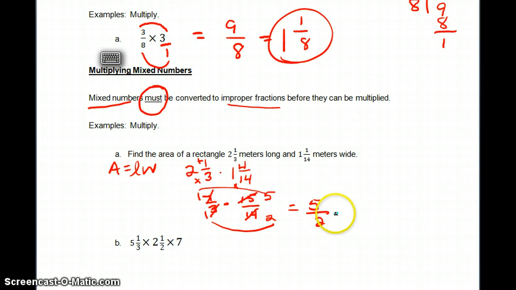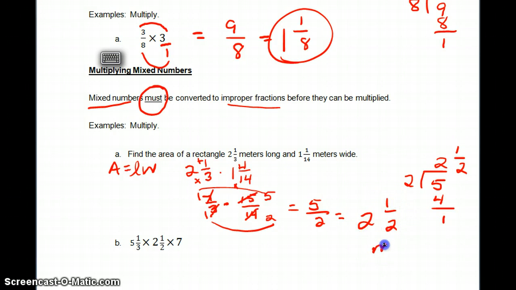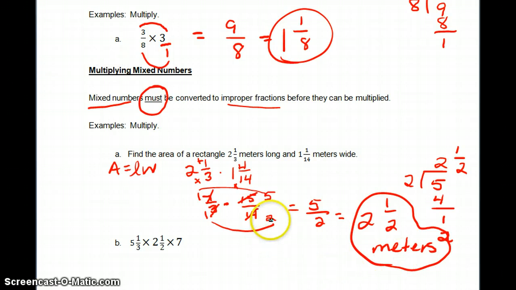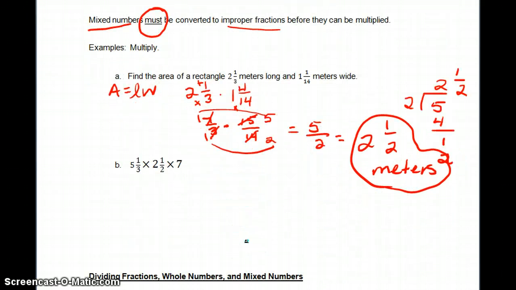And we're left with 5/2, which is an improper fraction. So now we convert back to a mixed number. 2 will go into 5 2 times, with a remainder of 1, so it is 2 1/2 meters squared. And we'll just put the square sign up there. Always label your answer for word problems. If you don't label, you will miss points.